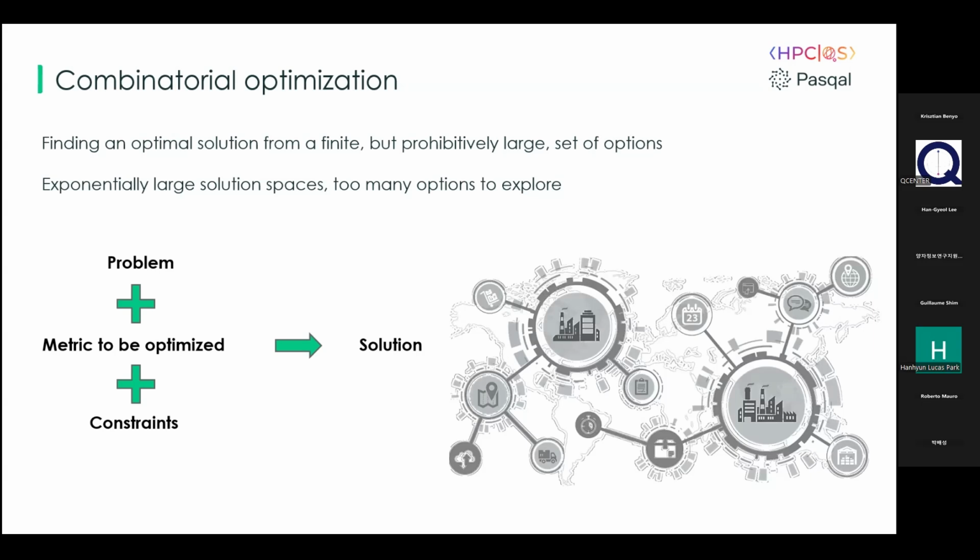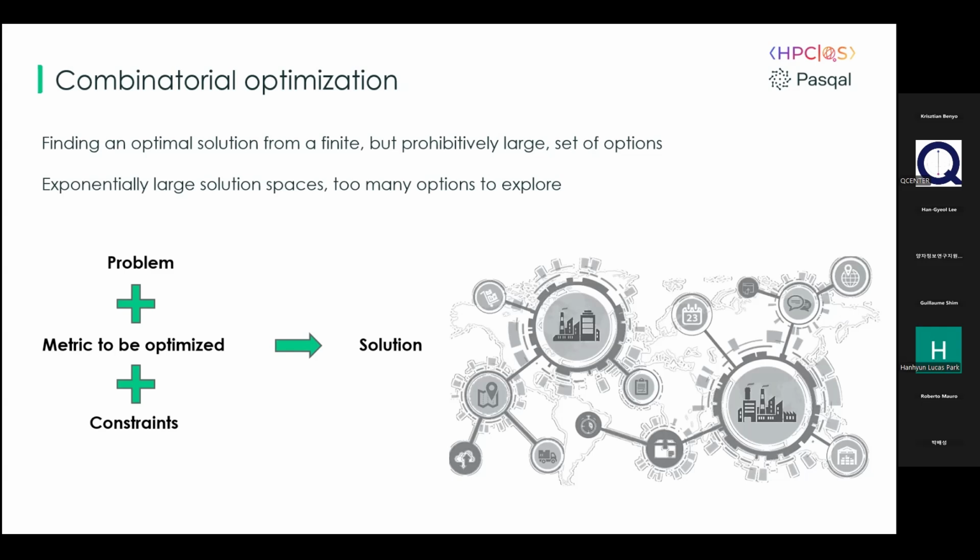A lot of the combinatorial optimization problems fall into the more difficult problem classes for classical computers. The reason is that typically the solution space scales exponentially with the number of variables, meaning that if you add one extra variable, the potential solutions, the solution candidates, multiply by a factor of 2, 3, 10, etc.